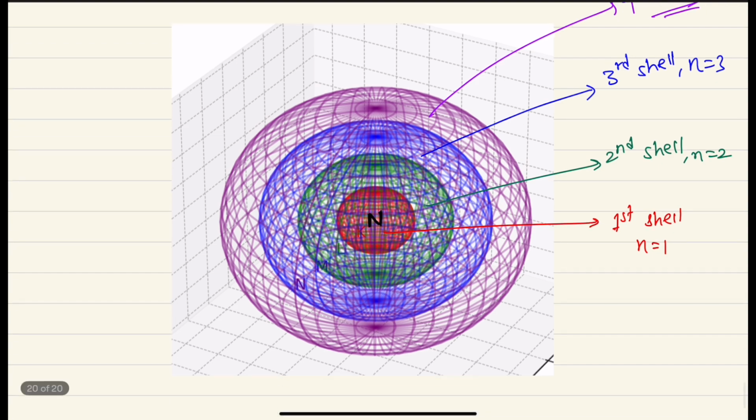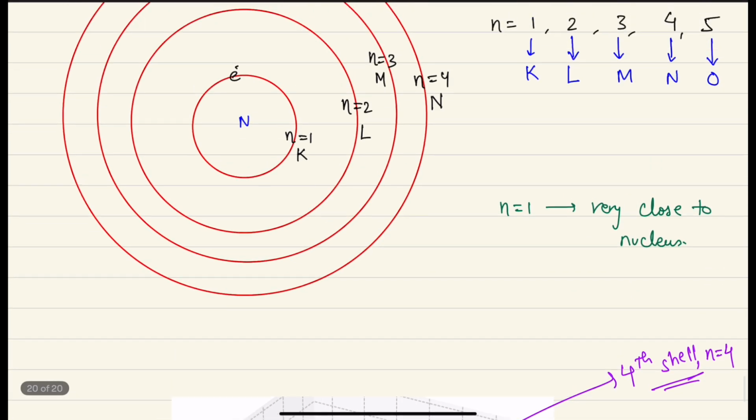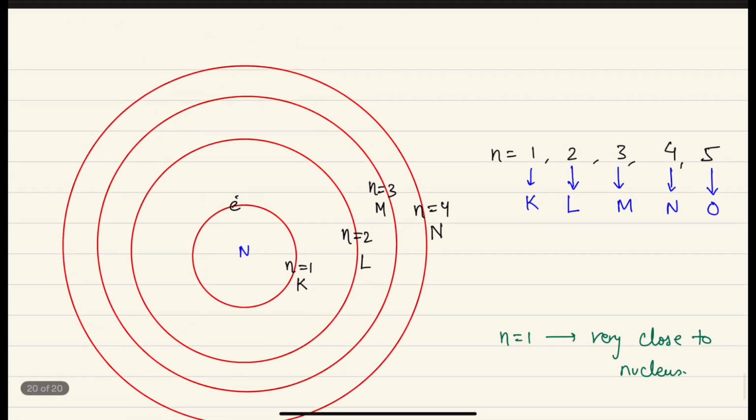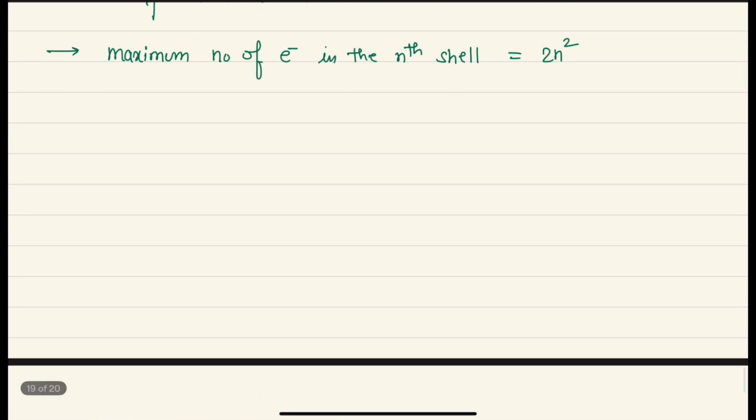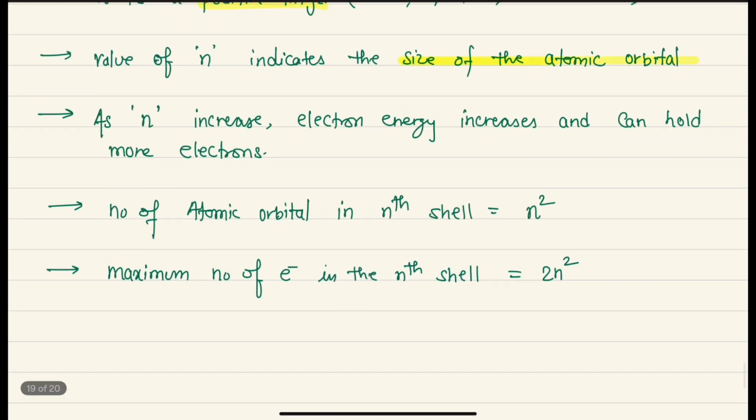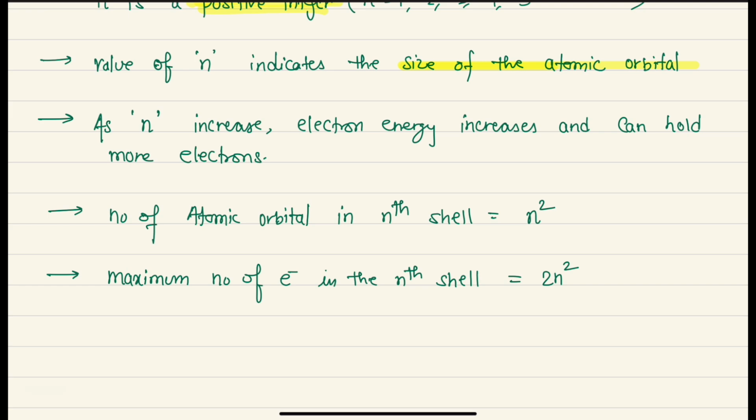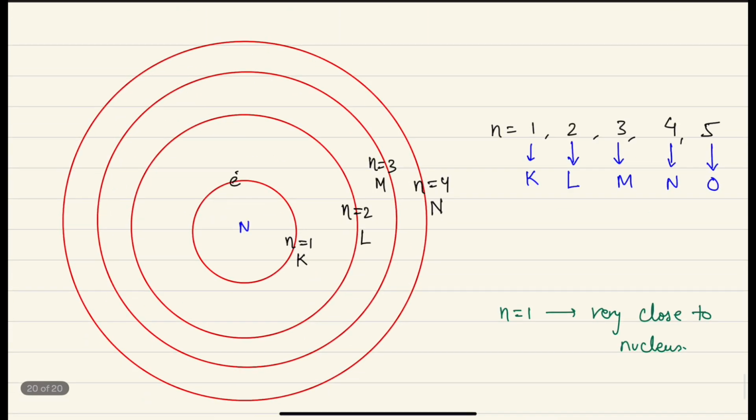Till now we have discussed the principal quantum number. I already told you that atomic orbitals are grouped into different cells. Inside each cell we have subcells, and inside the subcells you have atomic orbitals. All these things we discussed in the previous video; you can check the playlist link in the description box.